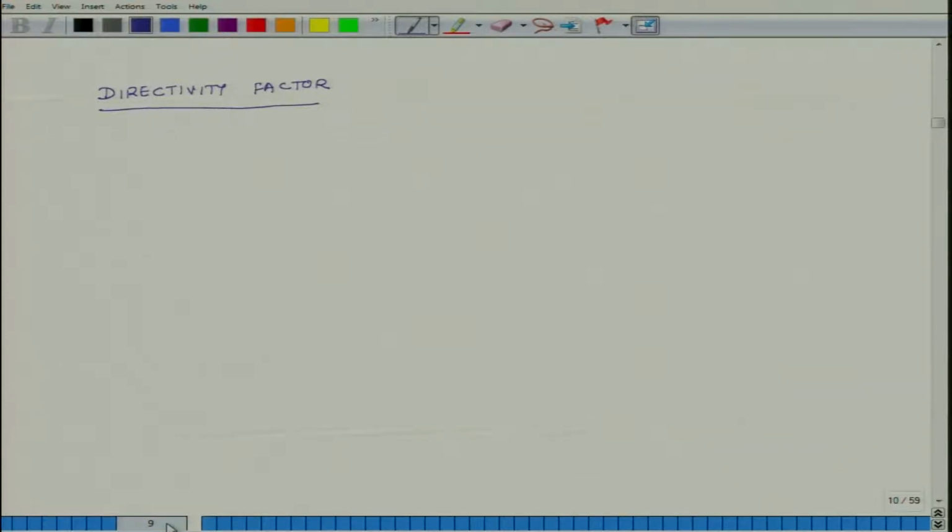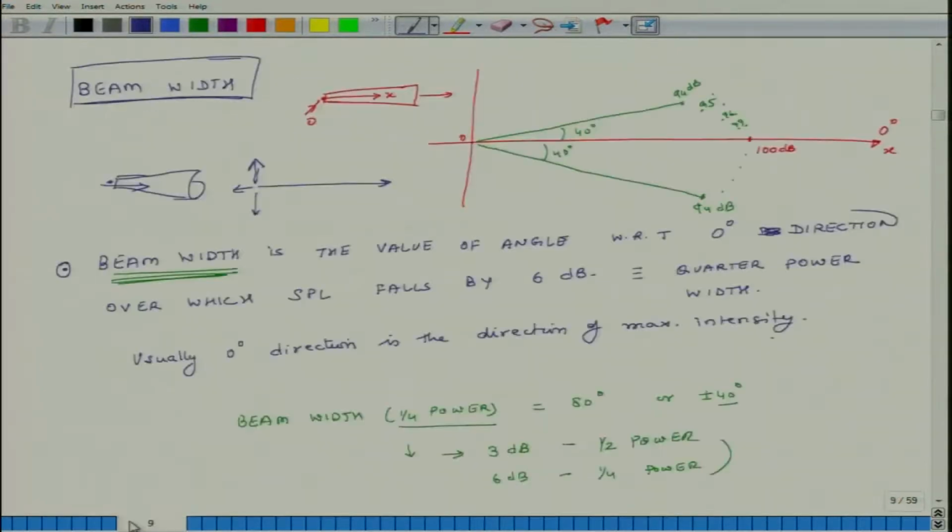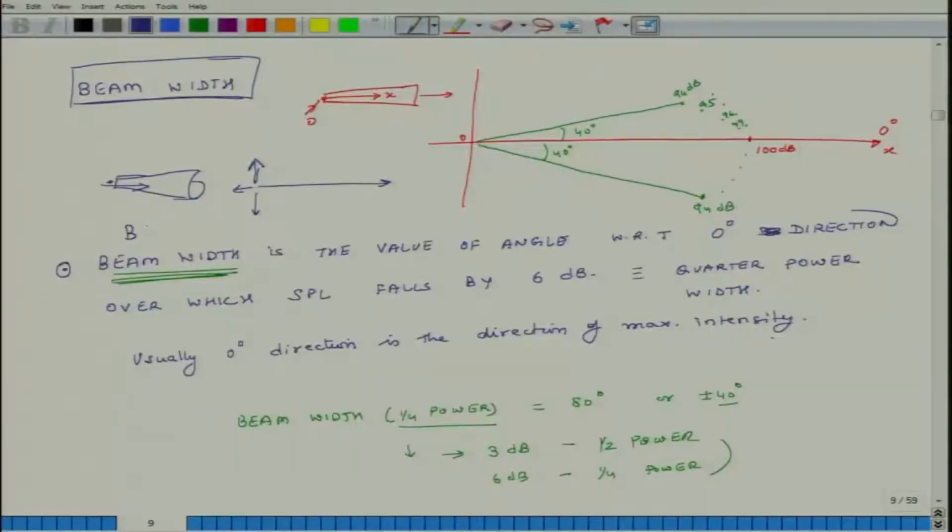By the way, before we talk about directivity factor, beam width can change from one frequency to another. For instance, a source could be pretty much omnidirectional at very low frequencies, especially if its size is very small compared to the wavelength, but at high frequencies maybe it becomes more and more directional. So beam width, let us call this BW, is a function of frequency.